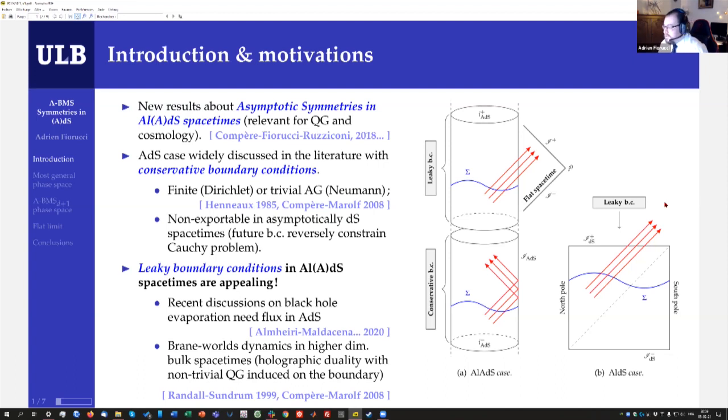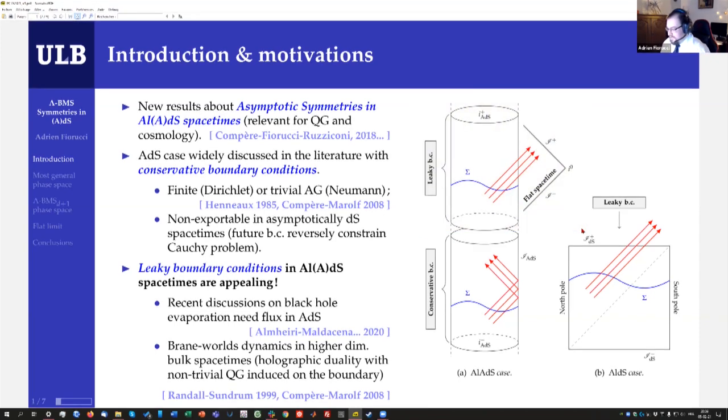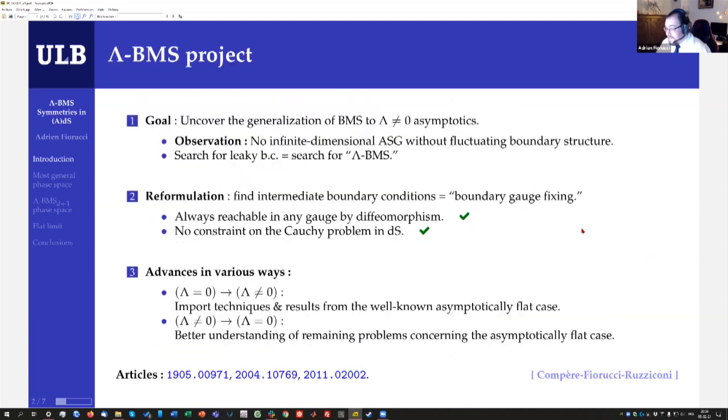For example, in discussions about black hole evaporation that need flux in AdS to escape from the boundary of AdS and go to a flat spacetime that acts as a reservoir, as you can observe in this picture, or for example in brane world dynamics in higher dimensional spacetime, where you can imagine some kind of holographic duality with non-trivial quantum gravity induced on the boundary of AdS.